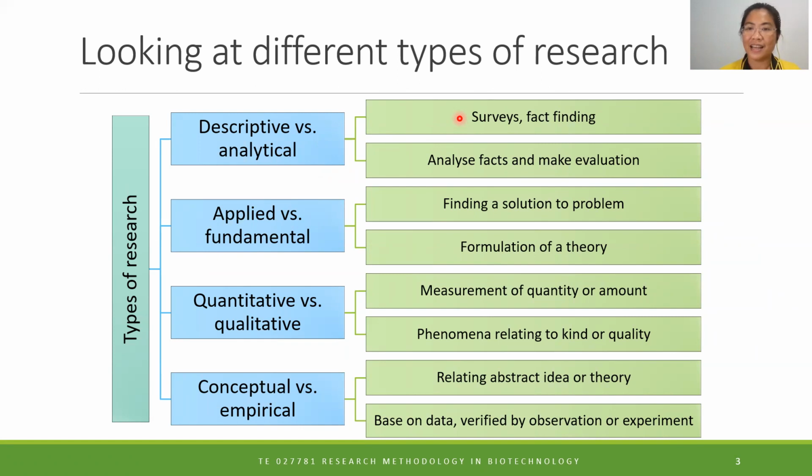It depends on whether your research is a survey or a fact finding from the survey, or whether it analyzes the facts and makes an evaluation. So the top there will be descriptive research, and down here is analytical research.